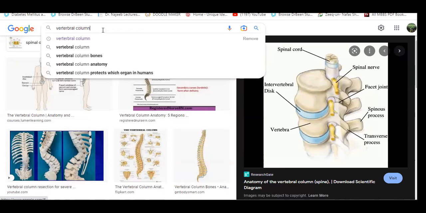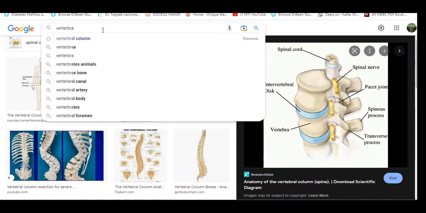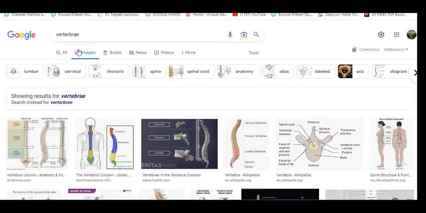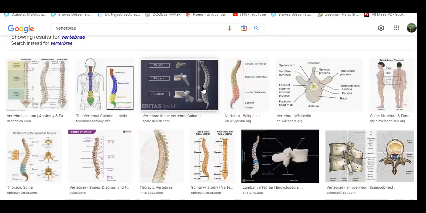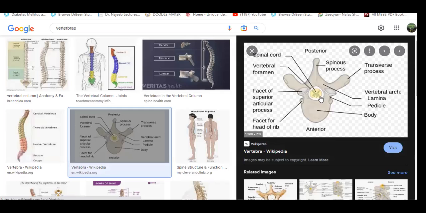You can see each vertebra. This is the spine, so you can see the spinous process. This is the spinal cord. This is the body, facet, foot, head of the rib.